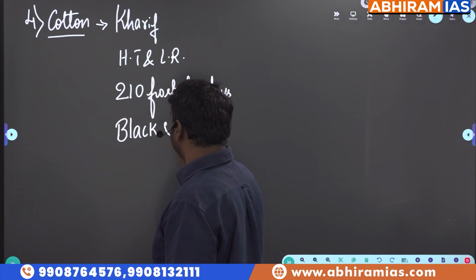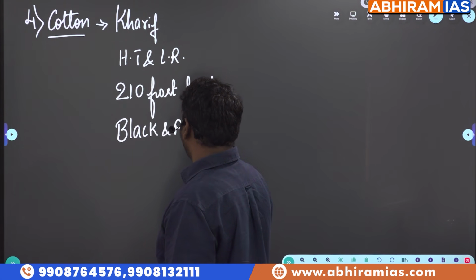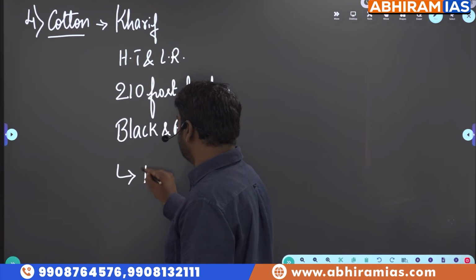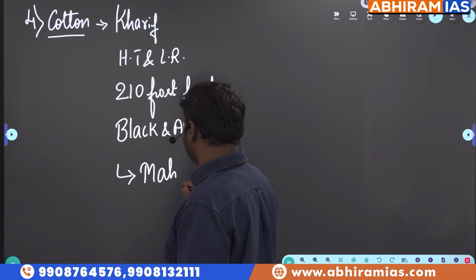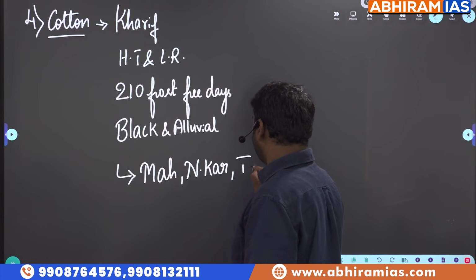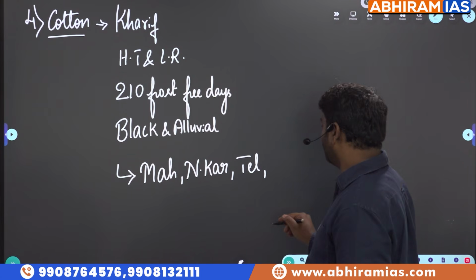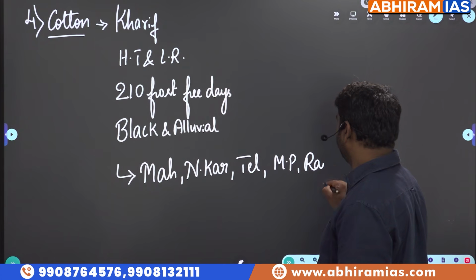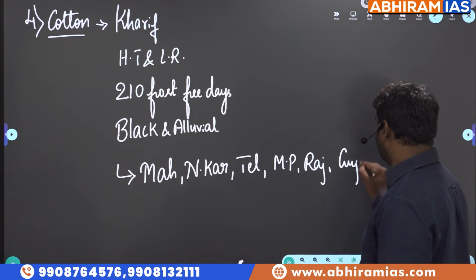Black soil is good, but cotton is grown in all other soils. So if I take black soil: Maharashtra, North Karnataka, Telangana, Madhya Pradesh, Rajasthan, Gujarat.